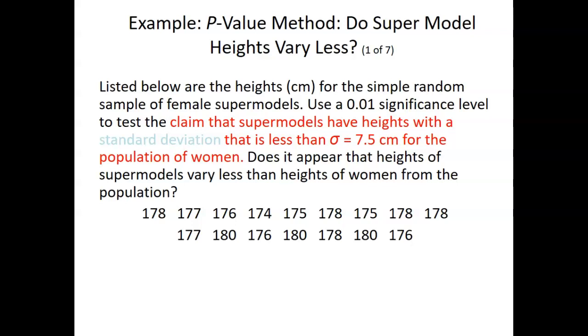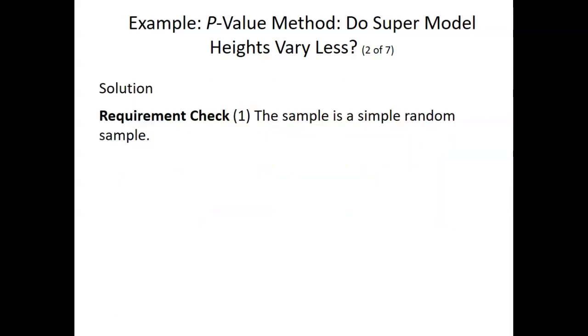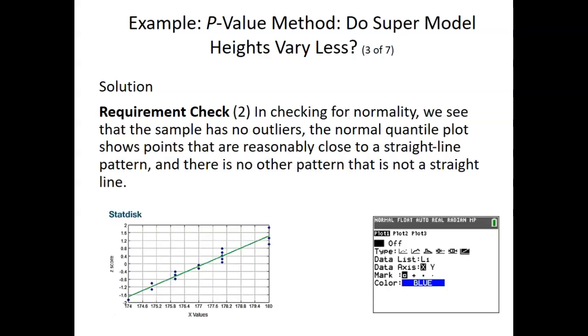Okay, so like I said, here's your claim, and that claim is a claim about the standard deviation. So that tells us it is going to be an example where we would use the method for hypothesis testing about the standard deviation. We look at our requirement check. The first one is a simple random sample. They tell us that that is the case in this one. The other is that it is from a population that's normally distributed.